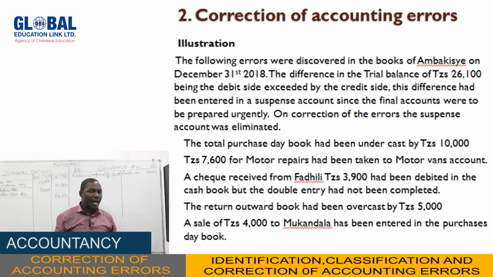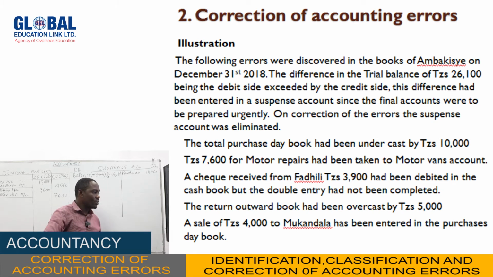The third item is a check received from Fadhili, 3,900, which had been debited in the cash book, but the double entry had not been completed. So we received a check from Fadhili, so it was a payment. Fadhili is our debtor in that particular case. So the entry was debited in the cash book, but the double entry had not been completed.